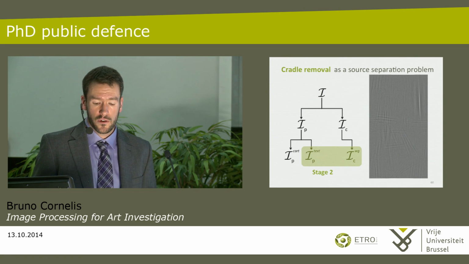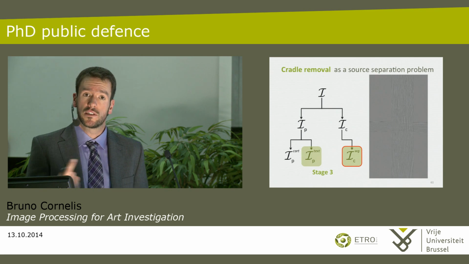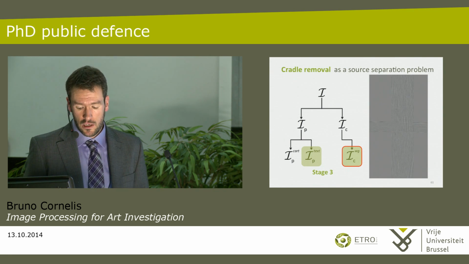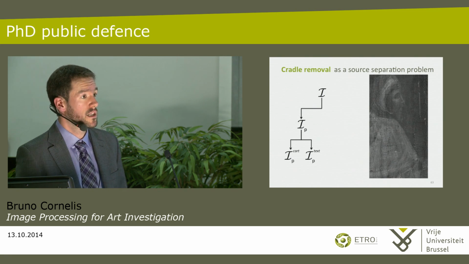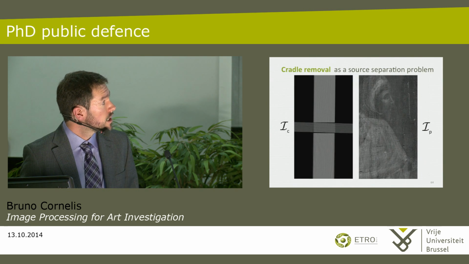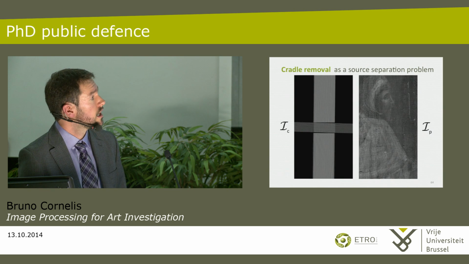So in the third stage, we need to train a model that makes a distinction between these two types of textures. Here you can see that we nicely extracted the texture part of the cradling, which after we remove it gives us the panel painting component, which is exactly what we wanted to retrieve. And here you can see our two separated sources, the cradling and the panel painting.